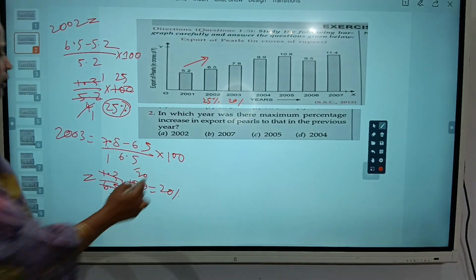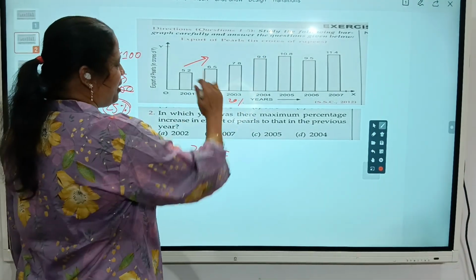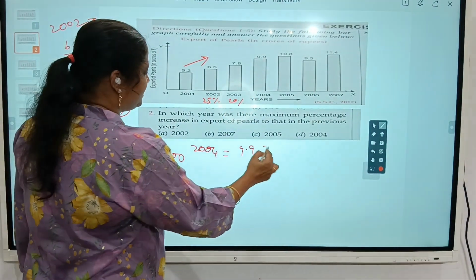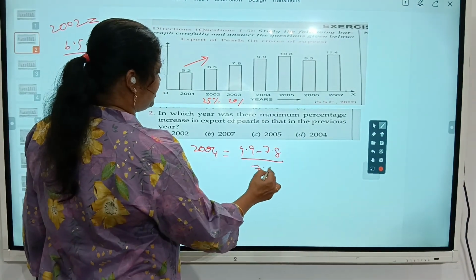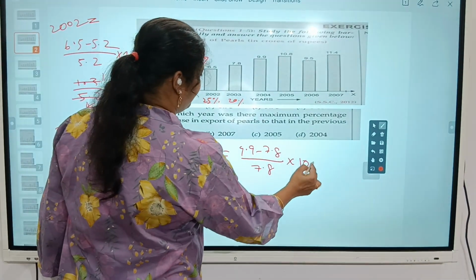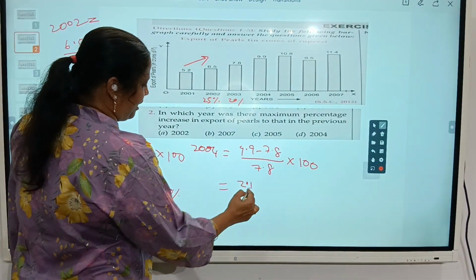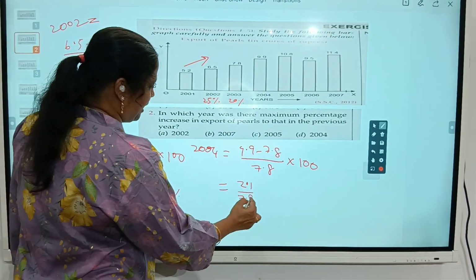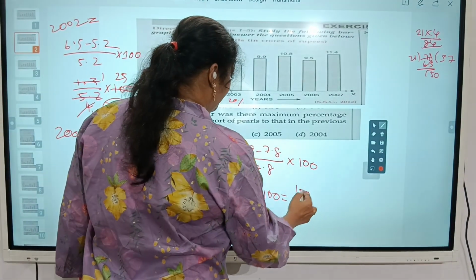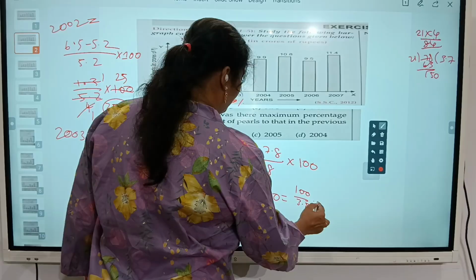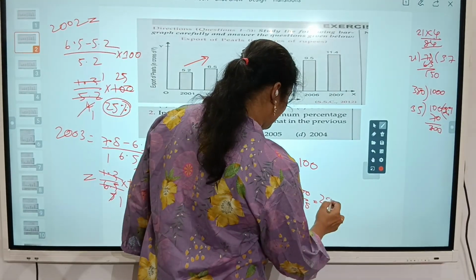Again in 2004, same formula. 2004: 9.9 minus 7.8 by 7.8 into 100. So it will come around 2.1 by 7.8 into 100, which comes approximately 29%.